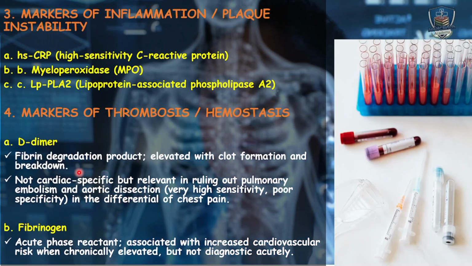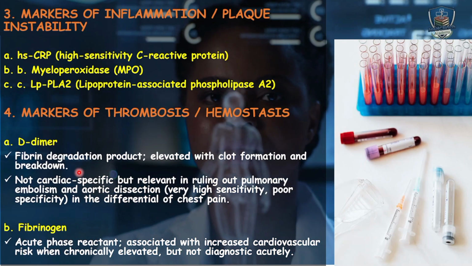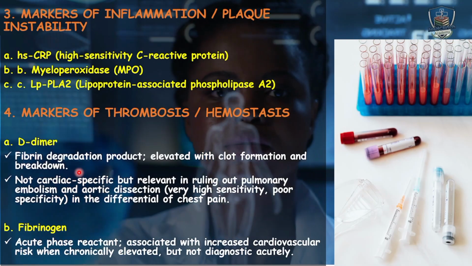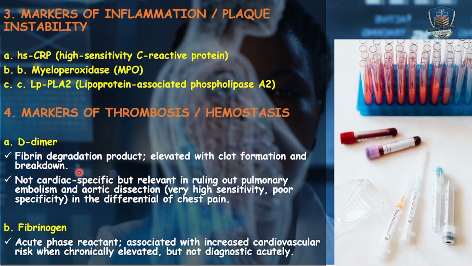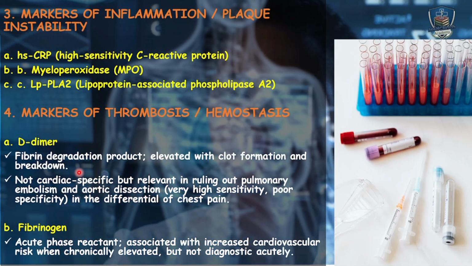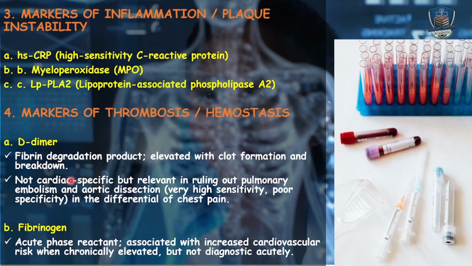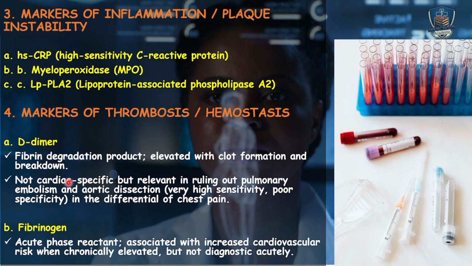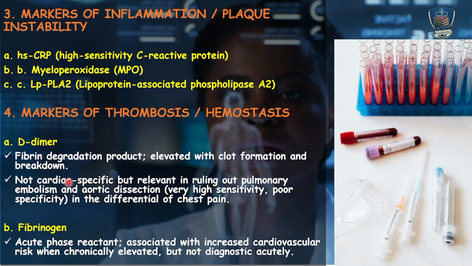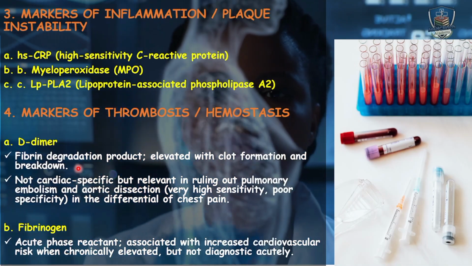It may be useful when it comes to cardiac biomarkers, because when there's a clot in the coronary artery, it may lead to an MI. It may block blood supply to the cardiac muscle. So we also need to check the D-dimer. Number one thing you have to know about D-dimer is that it's not cardiac specific, but it's relevant in ruling out pulmonary embolism and aortic dissection.